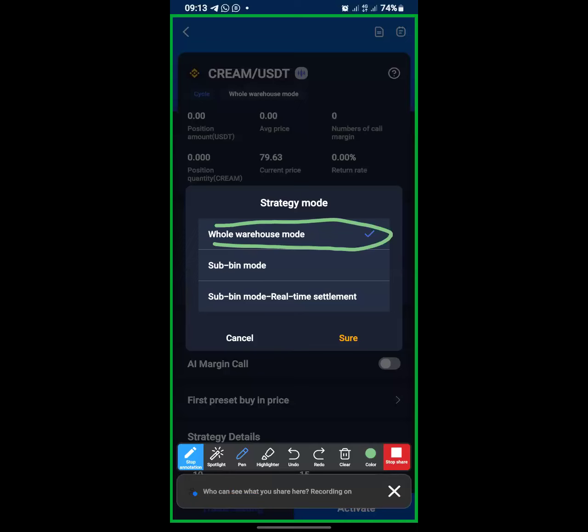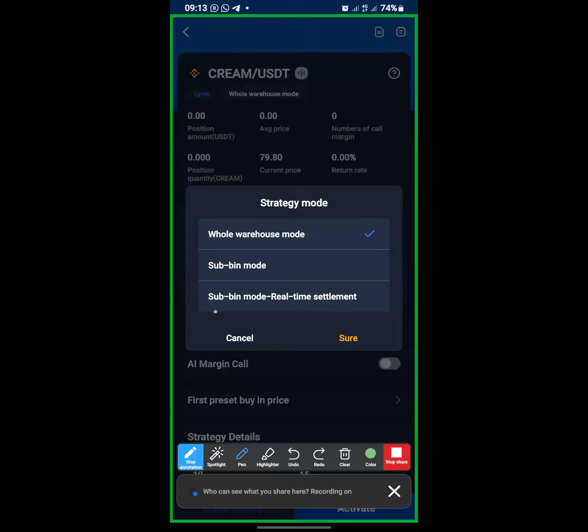The sub-in mode is going to be buying and selling, but will not provide the profits until all positions are closed. It becomes good when you're trading on sub-in mode to do what we call automatic compounding, but you must get the settings right. So that's why we need to understand what compounding is.